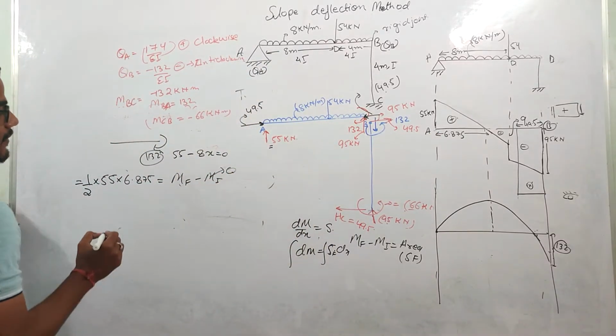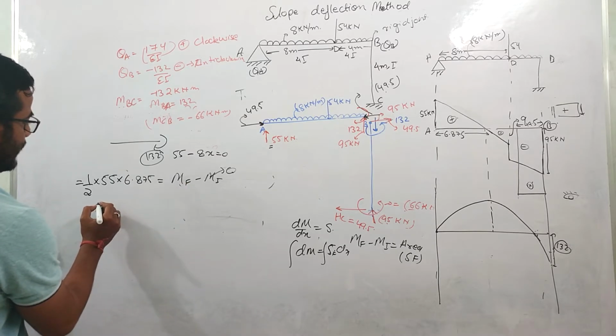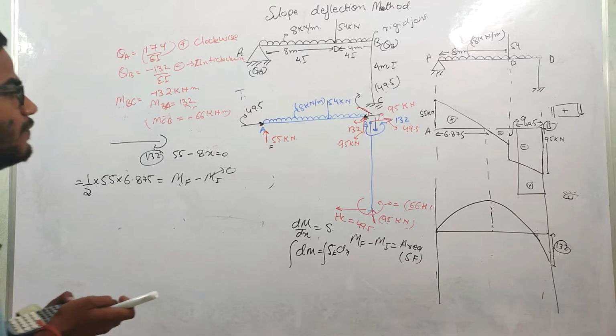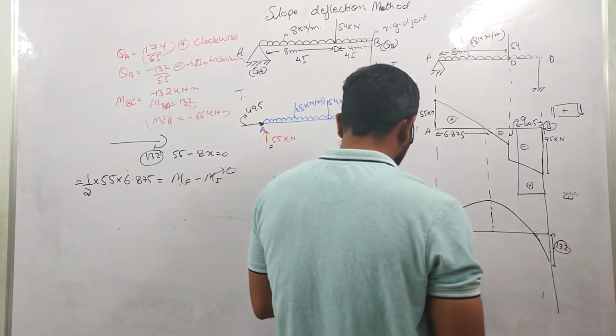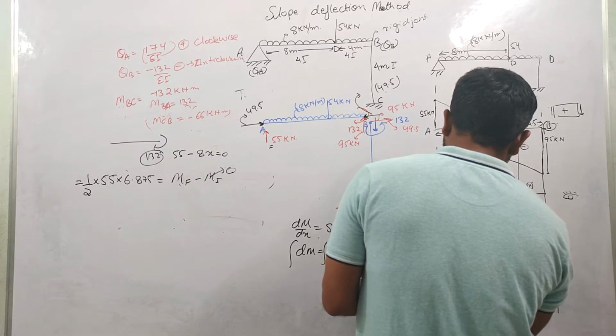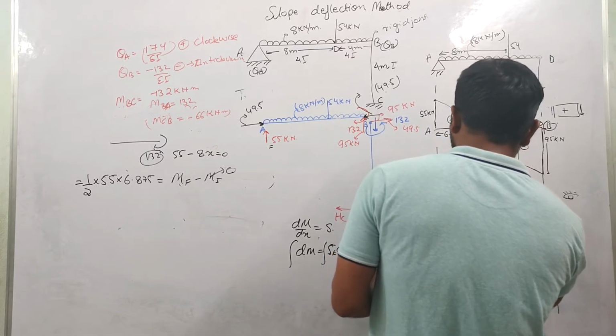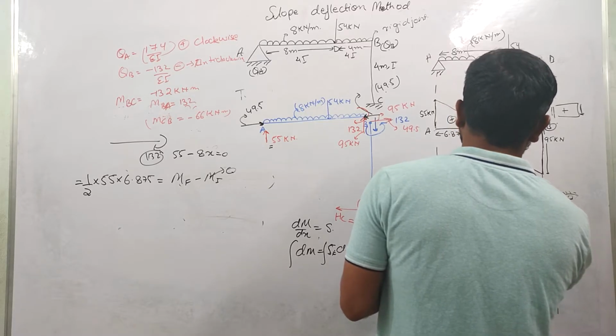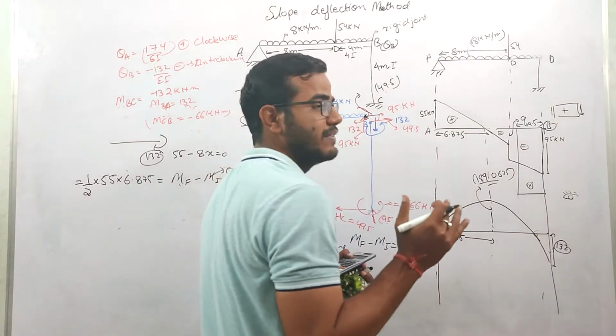Mf we need to find, so the value of Mf will be 55 into 6.875 divided by 2. This value comes out to be 189.0625 at a distance of 6.875.